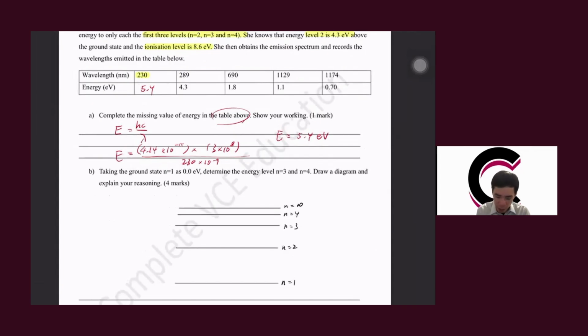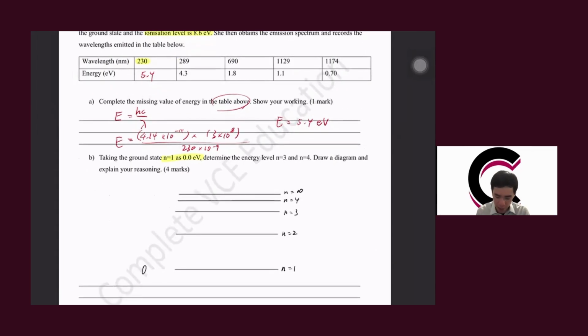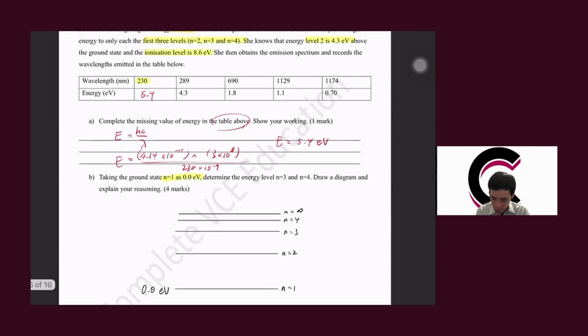We knew for a fact that n equals 1 is 0, so let's sketch it here: 0.0 eV. n equals 2 is 4.3. And the ionization level is 8.6. And we're trying to find the remaining two.